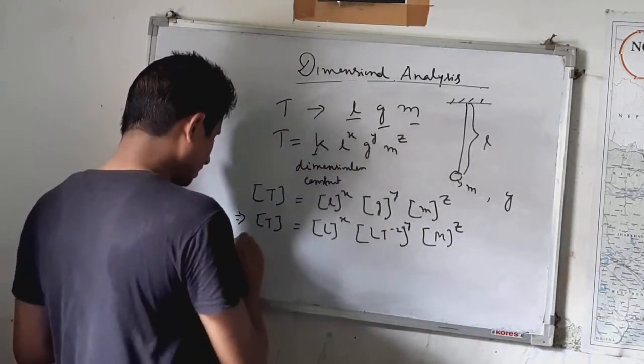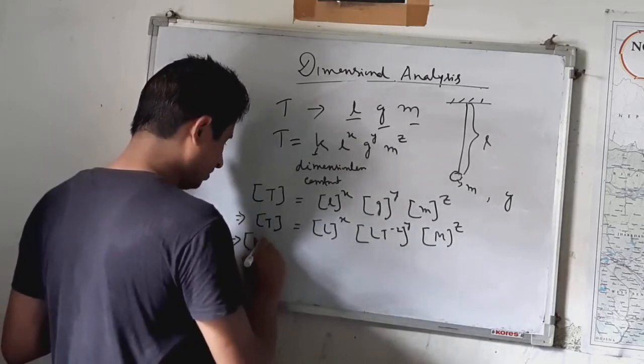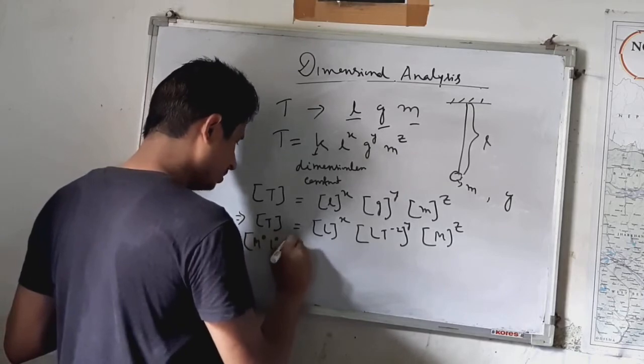So in this way, here only T is present, so we can express it in terms of M0, L0, T1.